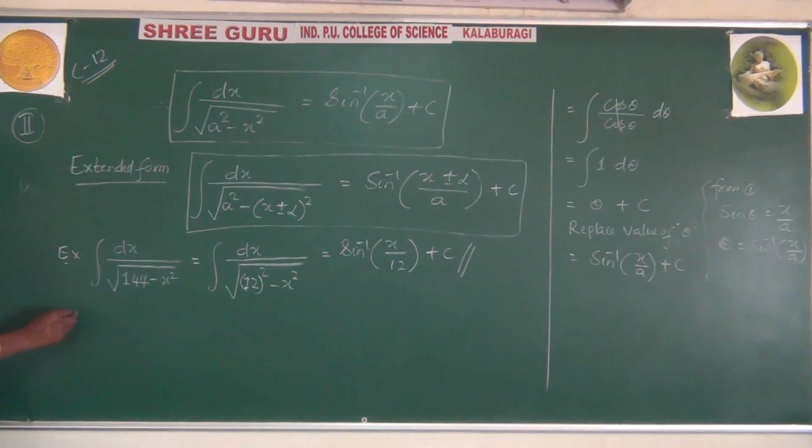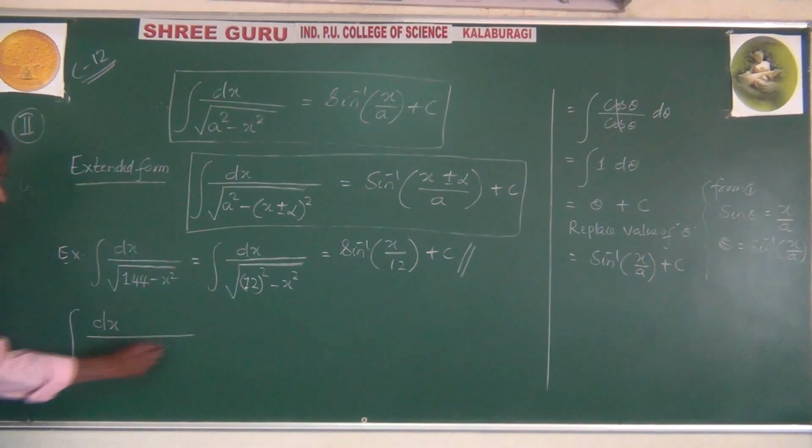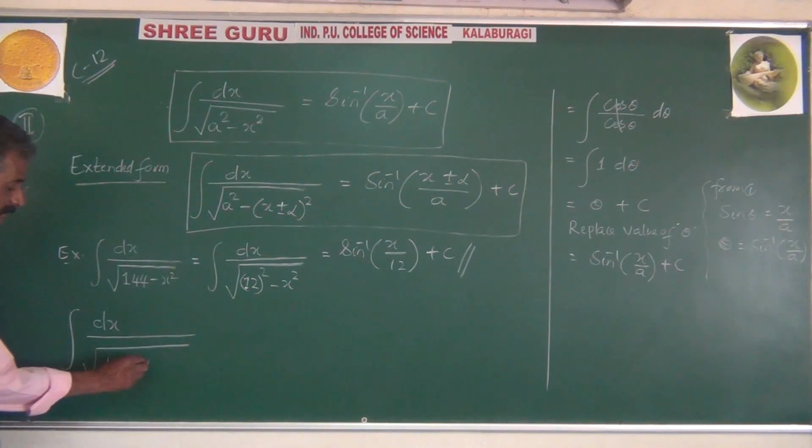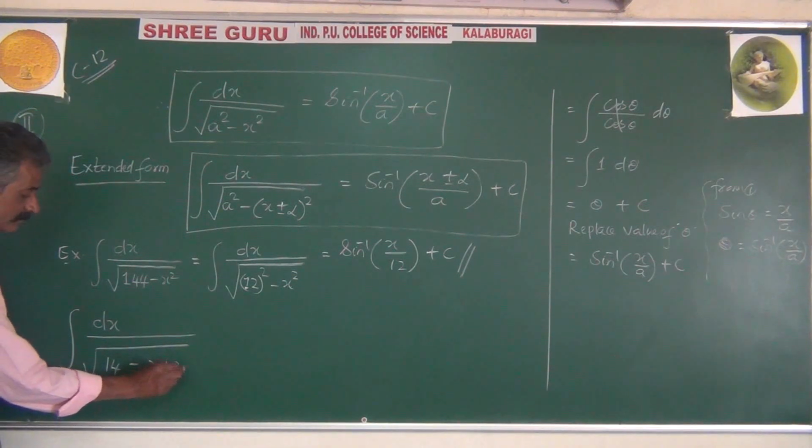As another example, suppose you have the integration of dx divided by square root of 14 minus (x plus 2) whole square.